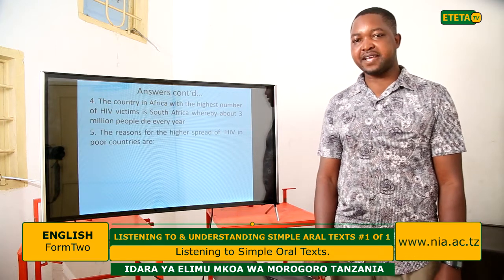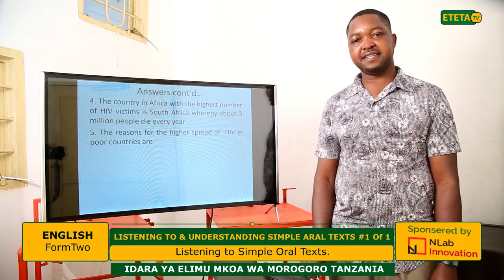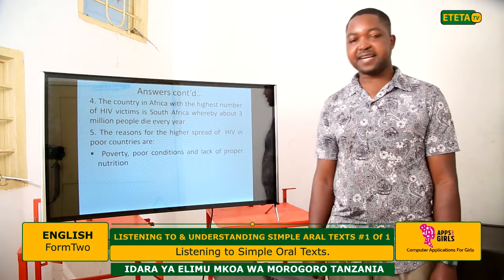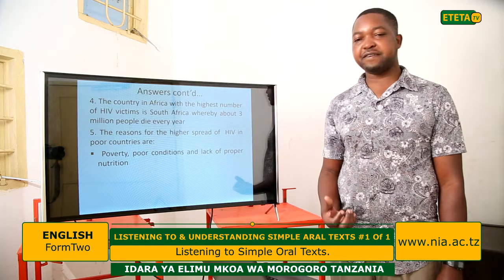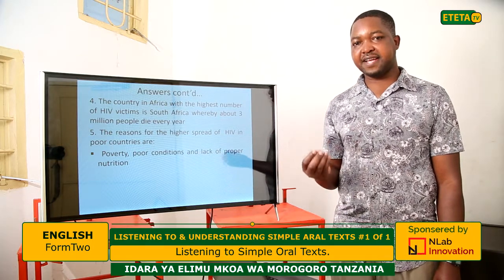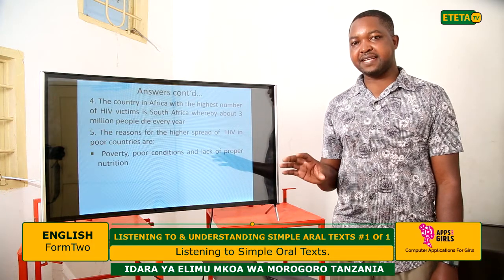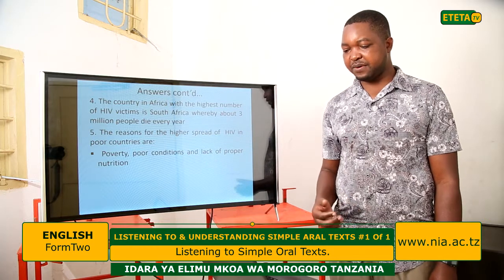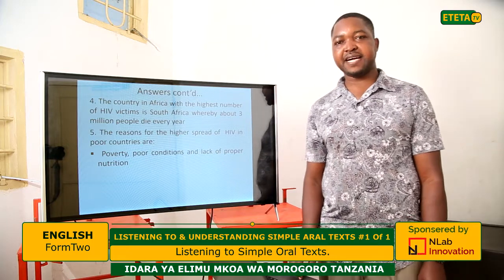For question number 5, you had a list of the reasons for the higher spread of HIV/AIDS in poor countries. And I think if you really followed and listened carefully, there is a part in the text where we listed down those reasons.